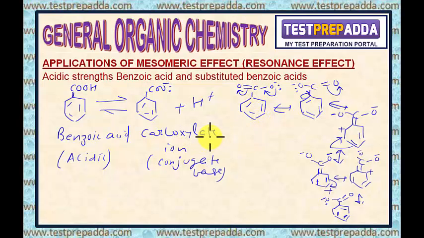Since carboxylate ion is resonance stabilized, we say that its parent benzoic acid is acidic in nature. Okay, but the question arises, benzoic acid itself is resonance stabilized. If benzoic acid itself is resonance stabilized, this process should move in the backward direction.